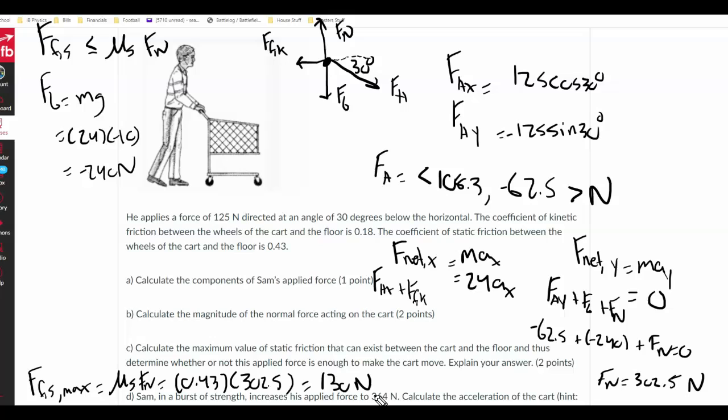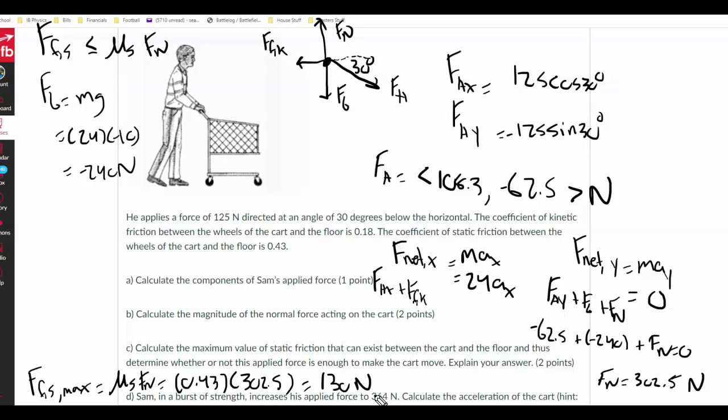Then you need to compare this value not to Fa, but to Fax. Now, in this case, Fa and Fax are both less than 130, but you want to compare only the x component to F_fs max, because F_fs max is going in the x direction.